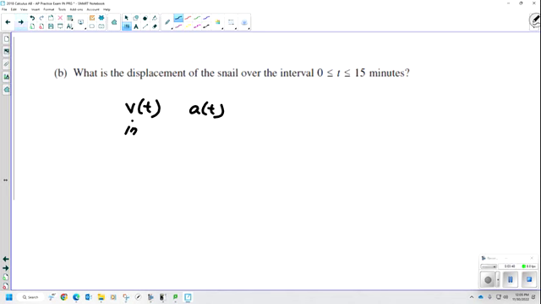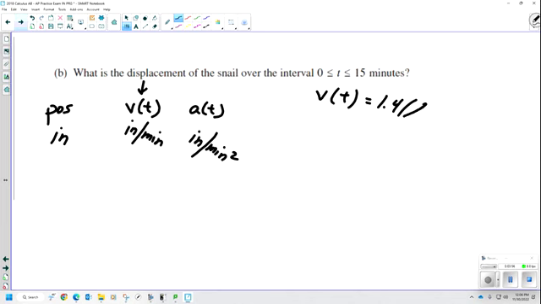This is my inches per minute. This is my inches per minute squared, and there's position, which is just inches. They gave me velocity. Velocity was 1.4 ln of 1 plus t squared.